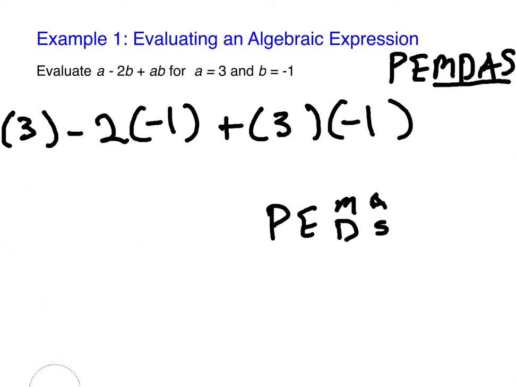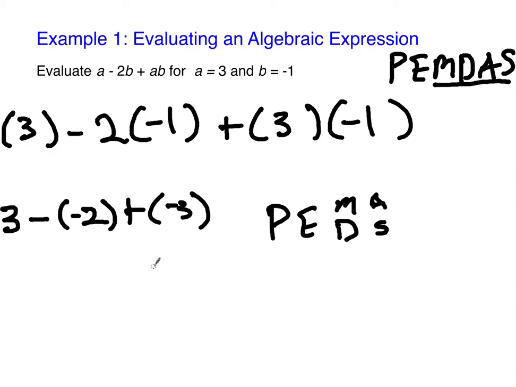Exponents, no exponents, so then we go multiplication or division, and we go from left to right until we see multiplication or division. So we have multiplication here, so we do 3 minus 2 times -1 is a -2, plus 3 times -1 is a -3. 3 minus -2, this is really multiplication again, and so it would be 3 plus 2 plus -3.